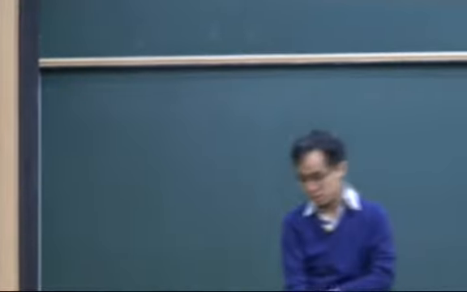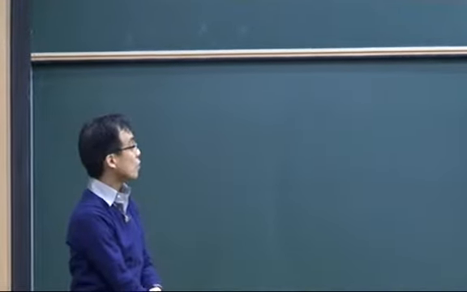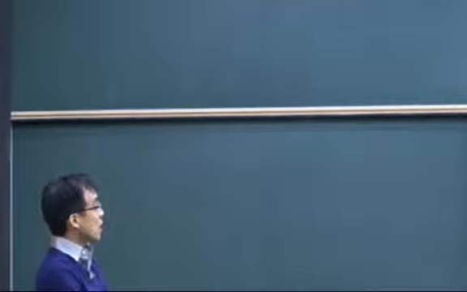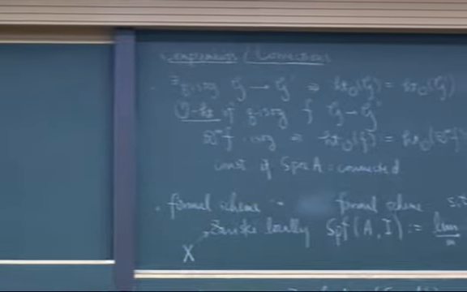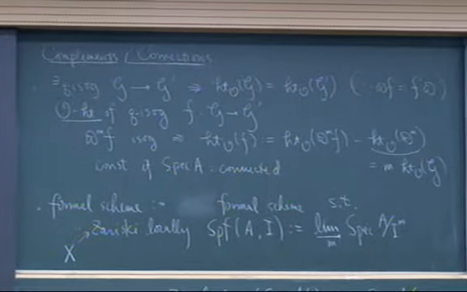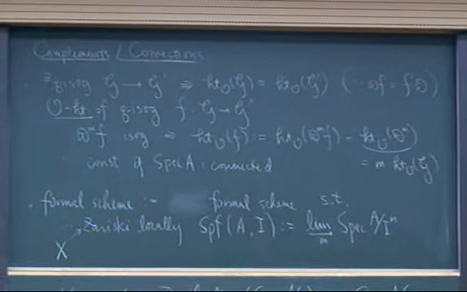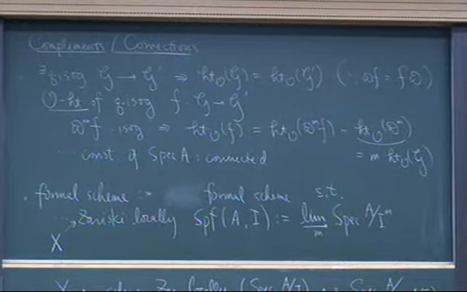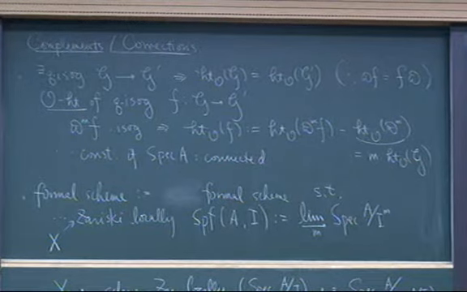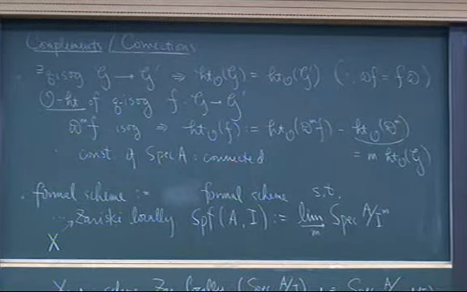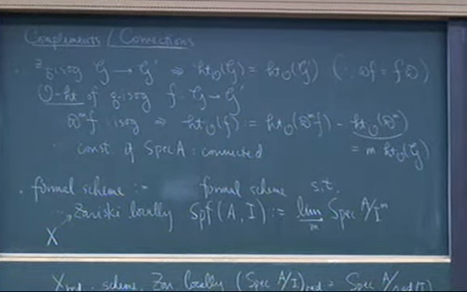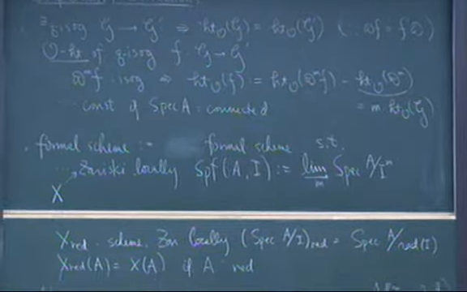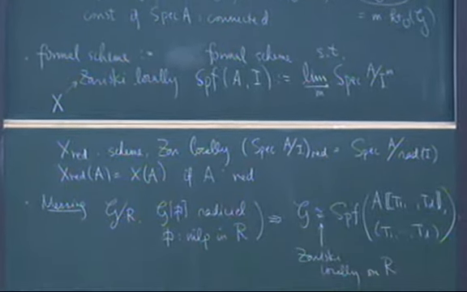The height of quasi-isogenies, which is a natural extension of the heights of isogenies. And the second point is that formal schemes locally have an ideal of definition. We saw X red in Jovich's lectures.